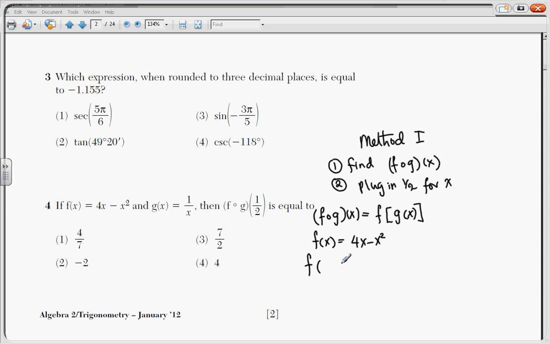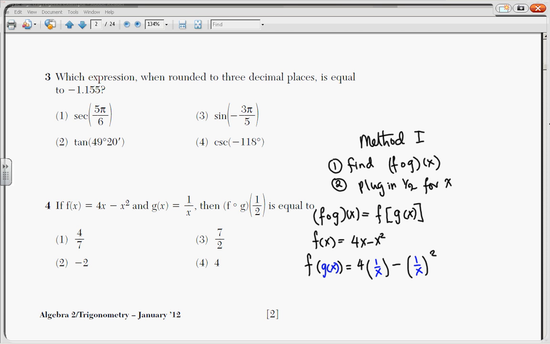So here I have 4 times parentheses. Let me make these parentheses stretch vertically since we have a rational expression to input here. So 4 like that, minus parentheses squared. The input function is g, so I'm going to put g of x in the parentheses. And what's the value of g of x? 1 over x. So 1 over x here, and 1 over x here.